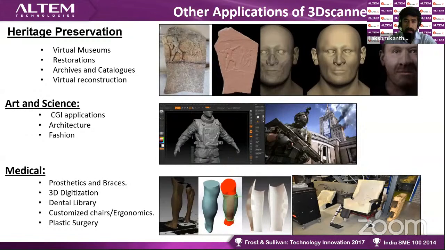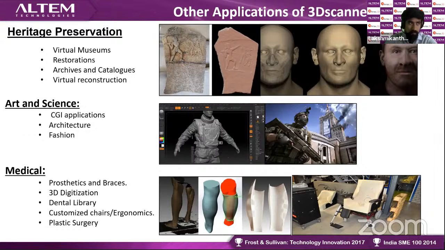And similarly on the medical side, as these scanners are very useful and very user friendly, even doctors are using these scanners for applications like creating custom braces. That means if one person is missing a leg and it has to be replicated, we can scan both legs of the person, and whichever is the distorted leg, we can replace it.